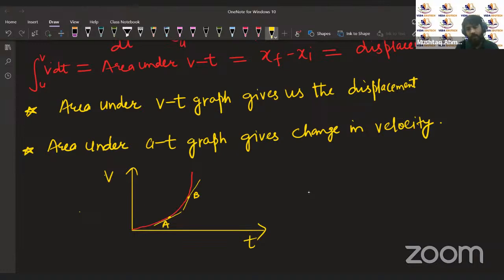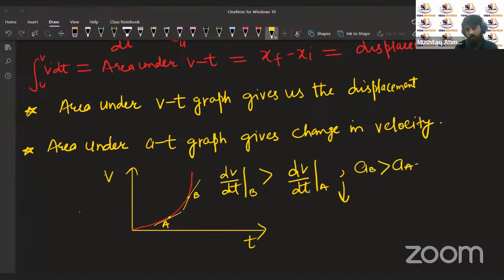You can say that dv over dt, the slope at point B, is greater than the slope at point A. Or we can say that the acceleration at point B is greater than the acceleration at point A. That means it's a case of non-uniform acceleration.